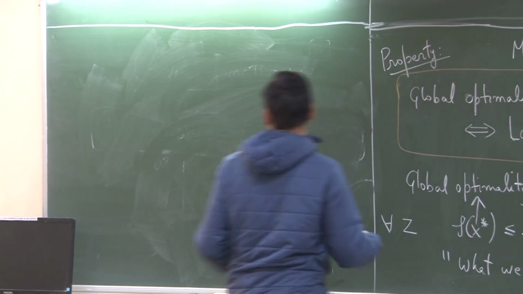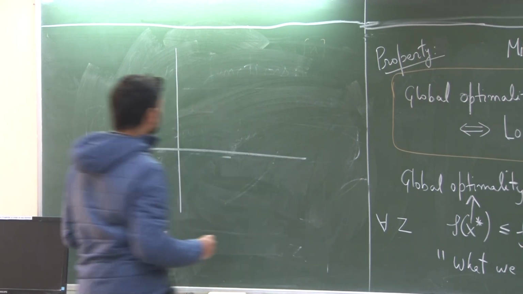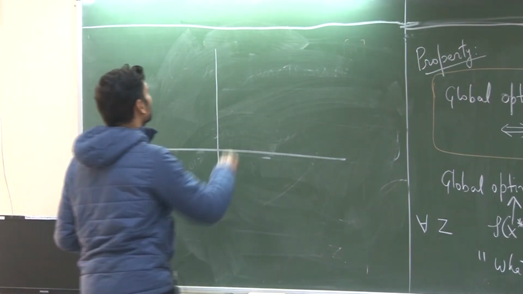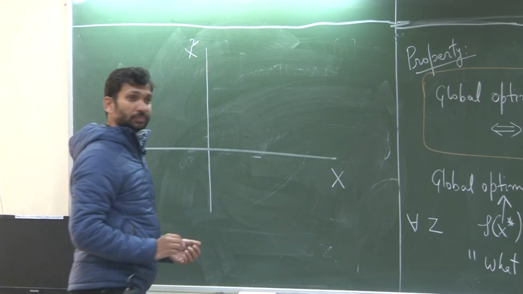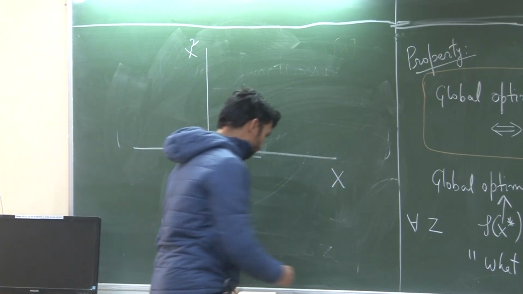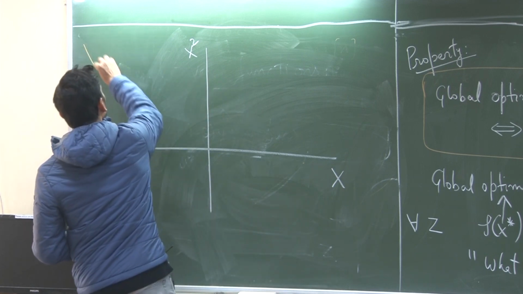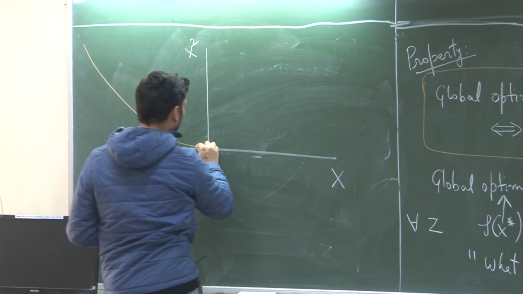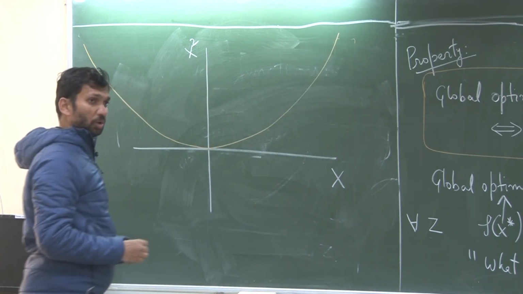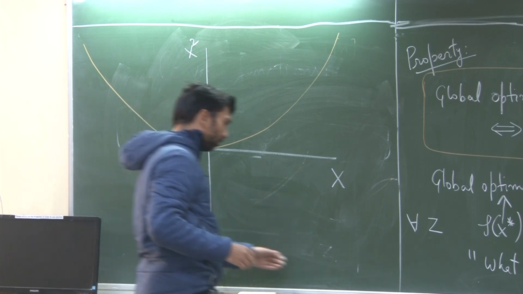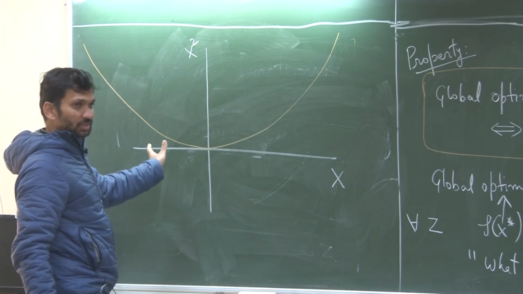Okay? One of the easiest examples of a convex function is x square. I can plot x square with respect to x, and it looks like a one-dimensional bowl. Again, you can verify that this is a convex function, but also it is easy to see from this graph.